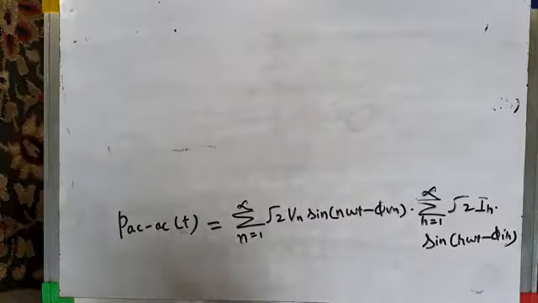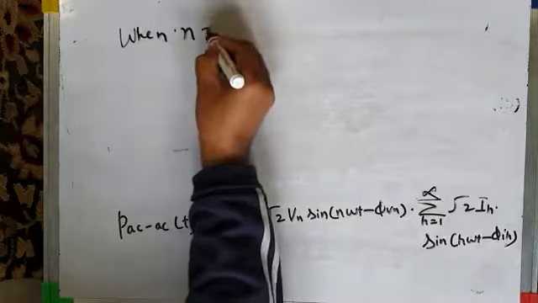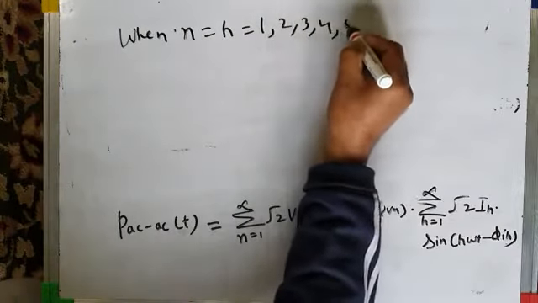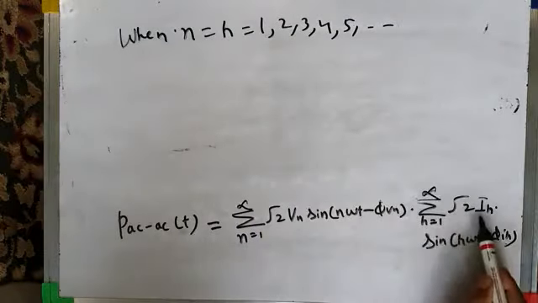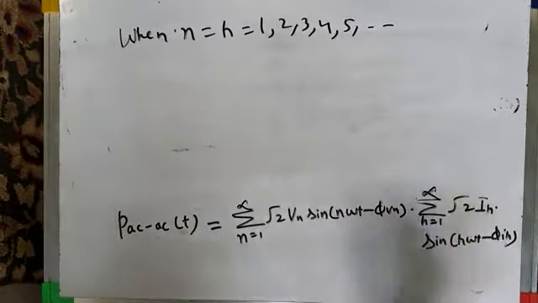So therefore, when n is equal to h, that is equal to 1, 2, 3, 4, 5, and so on. I mean, if you take V1, you have to take I1. If n is 2, V2, I2. If n is 3, V3, I3, and so on.